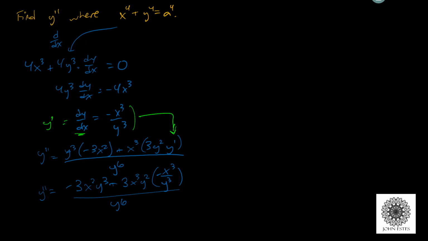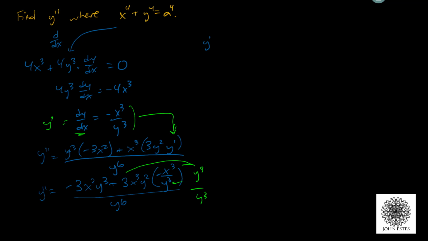Okay, now how do you simplify this? Since I don't like this y cubed in the denominator within the numerator, let's multiply everything by y cubed over y cubed, and I'm going to distribute this across, and when I do, it's going to take care of the problem here.